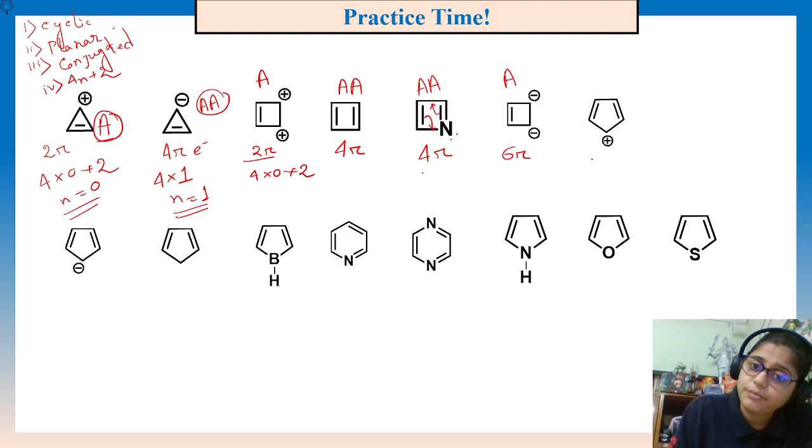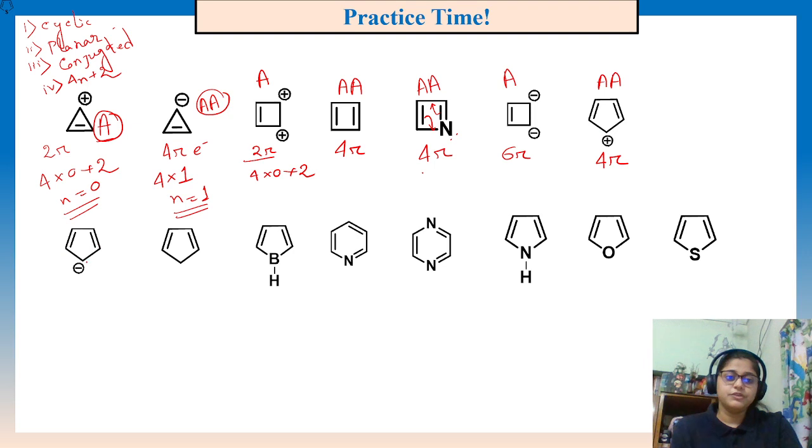Next, 1, 2, 3, 4. 4 pi. Planar, conjugated, and having 4 pi electrons. 4n rule is followed. Anti-aromatic. Okay, here 1 2 3 4 5 6, 6 pi. We have actually taken this example before, so it will be aromatic, right?